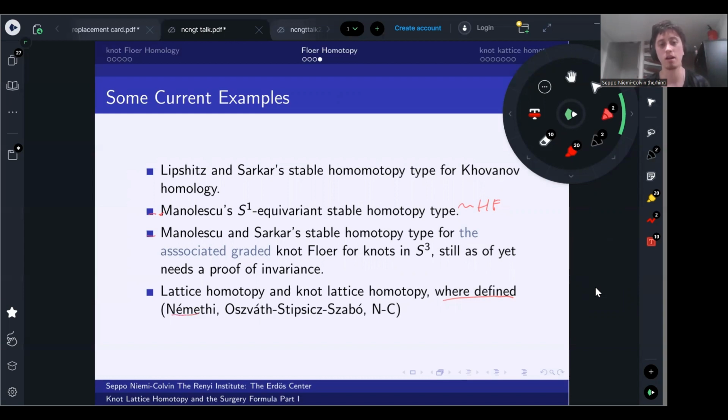Lattice homotopy was developed by Némethi as a three manifold invariant. Ozsváth, Stipsicz, and Szabó created a construction for a chain complex that would play a similar role for knot Floer. And then some of my previous work was showing that chain complex, and also the spacified version underneath it, actually were invariants.